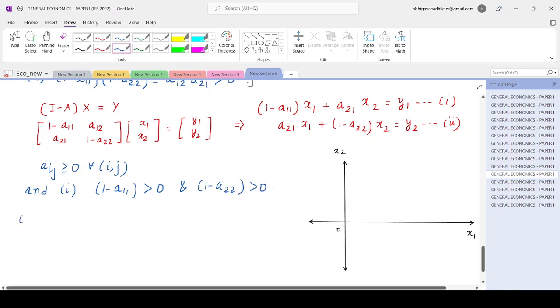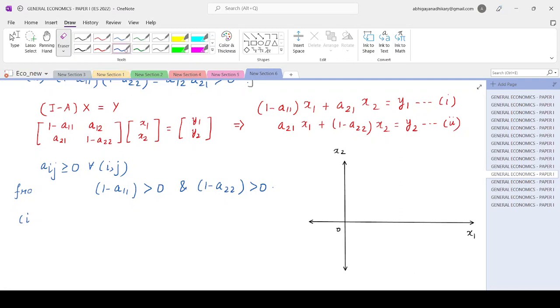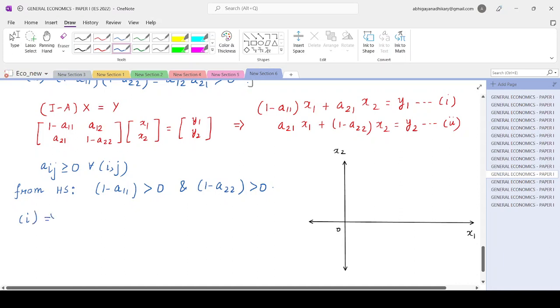So if you look at equation 1, you can write it in intercept form. So it will be x1 divided by y1 by 1 minus a11 plus x2 divided by y1 by a21 is equal to 1.